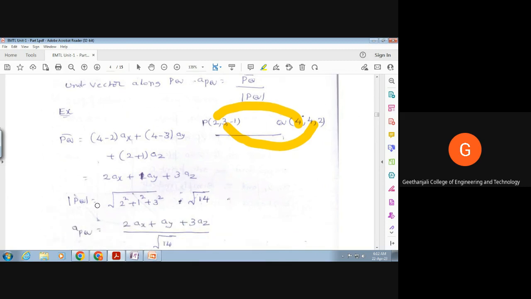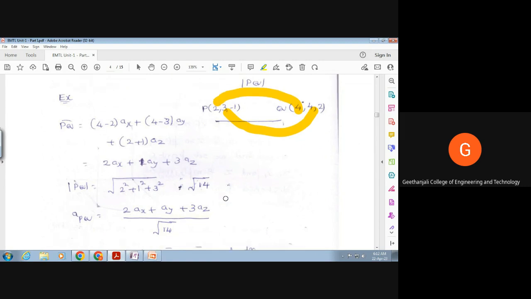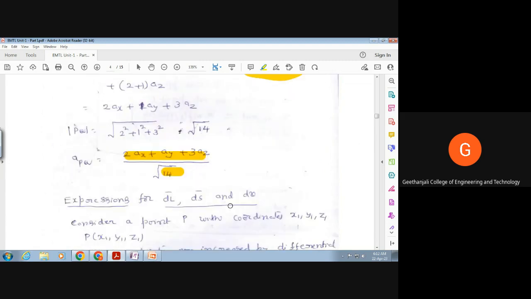What is the length PQ, magnitude of PQ? Root of 2 square plus 1 square plus 3 square, root 14. And the unit vector aPQ is equal to vector PQ divided by its magnitude.